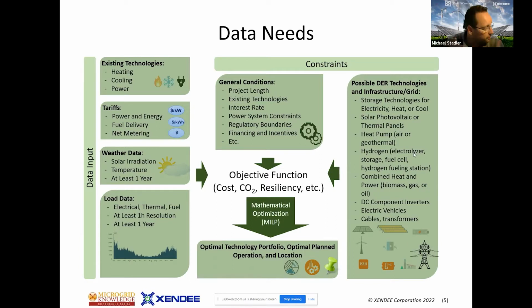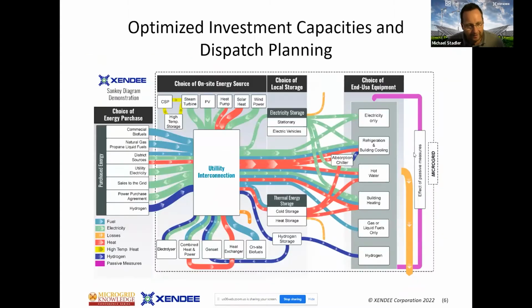And then you have a certain objective here. And the objective is either cost minimization, CO2, increased resilience, and so on. And then Xendee delivers you the capacities, the operational schedule, and this is key, and we'll talk about this, and also where to place these technologies, because Xendee already combines economics with distribution system modeling.